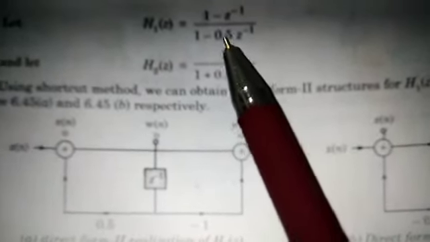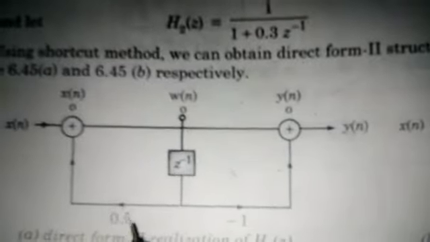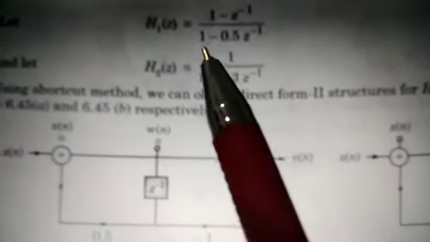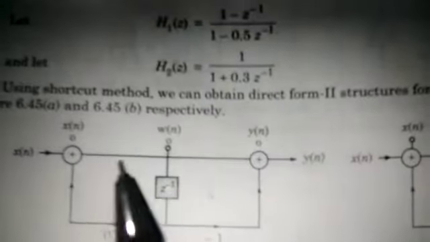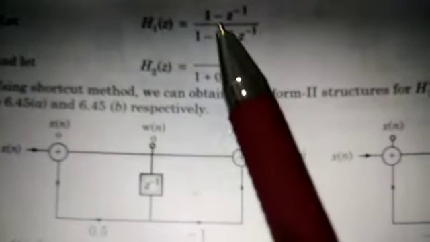Here the pole is 1 minus 0.5 z inverse. Since in the transfer function it is minus 0.5, on the left side we will represent this coefficient as plus 0.5, and this 1 in the denominator is represented by this line. We will put one delay here, and to the right side we have the coefficient 1 minus 1 z inverse.